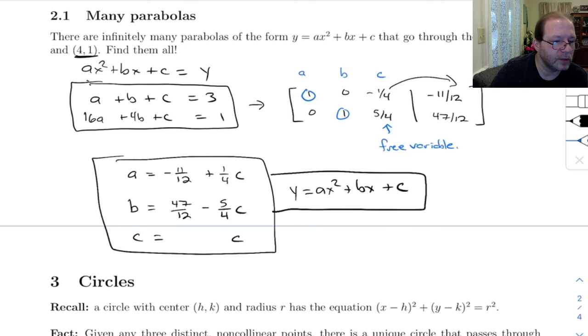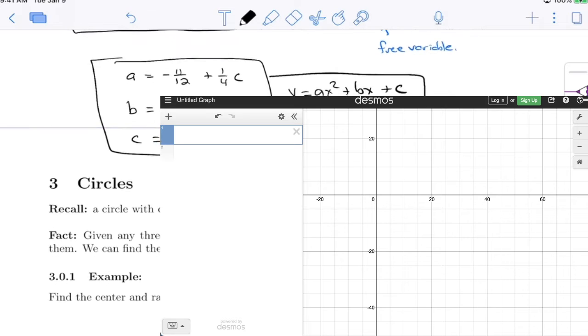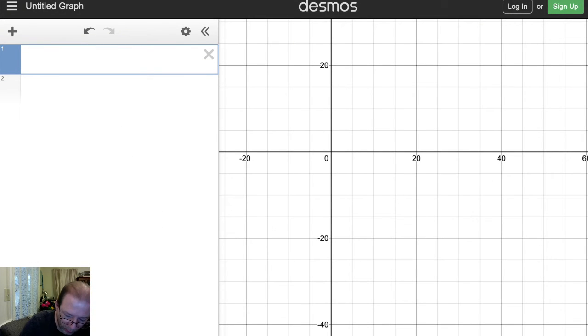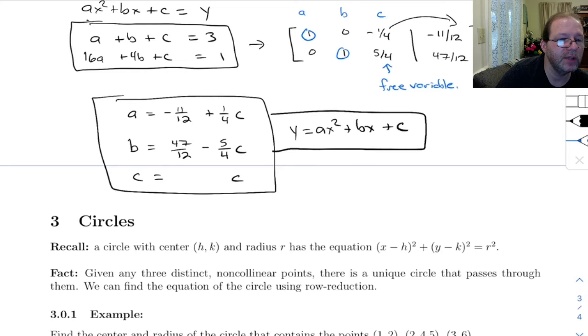I'm going to just pull up Desmos and refer back to the work I have here. What we have is y equals ax squared plus bx plus c. And it's asking, do I want to add a slider? Now, I don't want to add a slider for anything but c, because a and b we're going to get from the formulas for a and b.